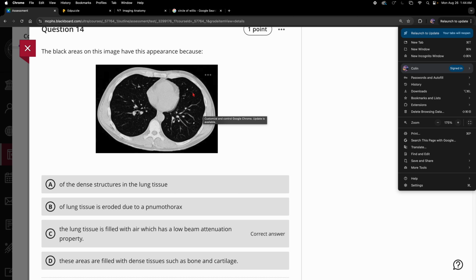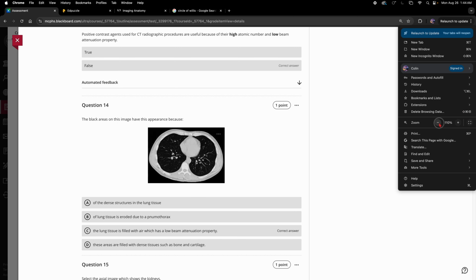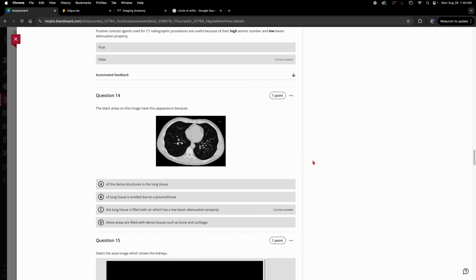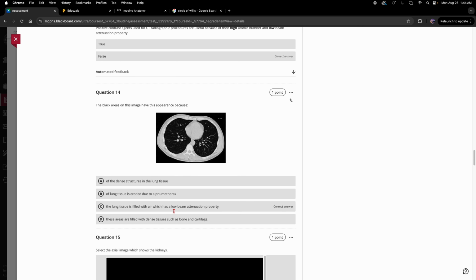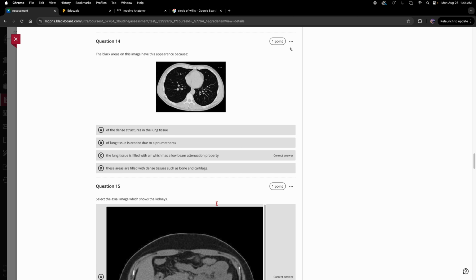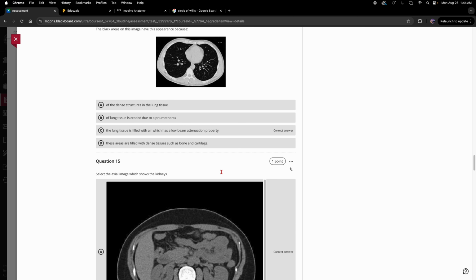So these areas here have this appearance because the lung tissue is filled with air, which has a low beam attenuation property, right? In the same way a negative contrast agent would show up as black because it has air. We use air for negative contrast, and air is in the lungs, hence it shows up as black.